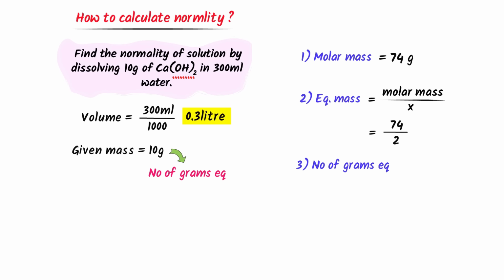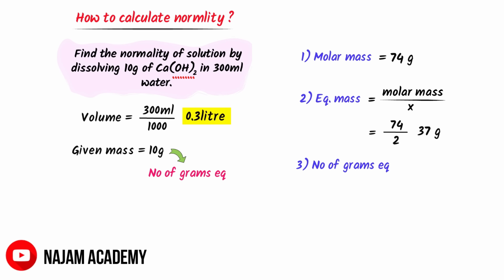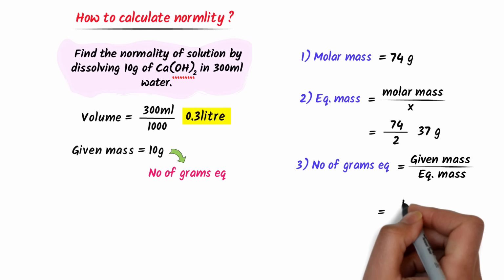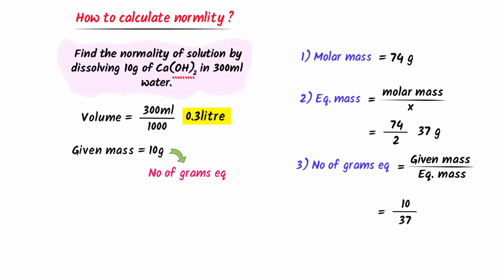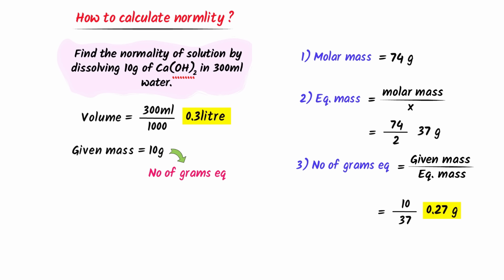After calculation, I get 37 gram. Thirdly, to calculate number of grams equivalent of solute, I divide given mass by equivalent mass. We know that given mass is 10 gram and the equivalent mass is 37 gram. So I plug in these values in this equation. After calculation, I get 0.27 gram.